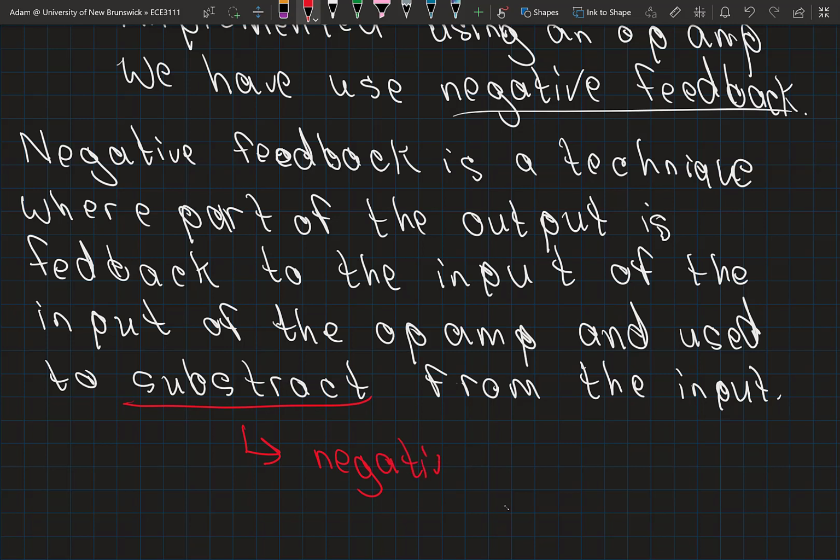We can have positive feedback as a form of feedback. Positive feedback in an op-amp would generally cause it to become unstable and oscillate, and there are applications to do that if we're trying to generate an oscillator, and that's something that is also explored in Electronics 2.